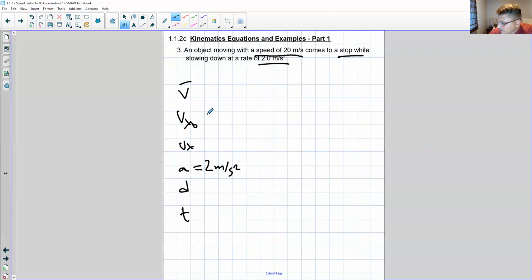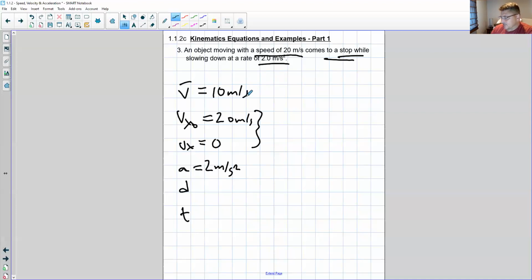Our initial velocity, 20 meters per second, comes to a stop. That tells us our final speed is 0. Now think for a second, right? Well, right away, what might jump out at you? Well, once again, our average speed is going to be 10 meters per second. Why? Well, because we're going from 20 to 0, right? So the average of 20 and 0 is 10 meters per second.